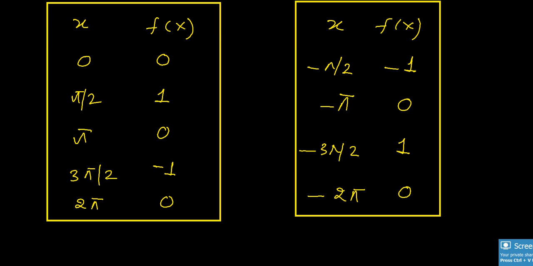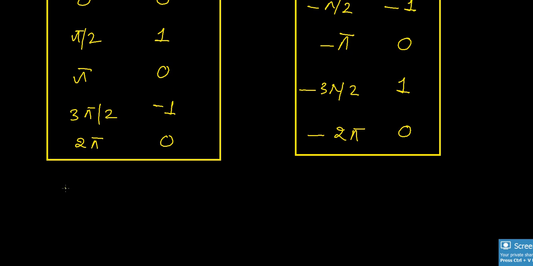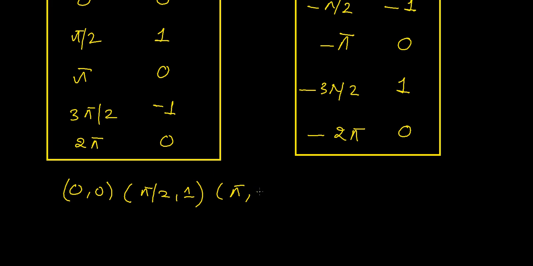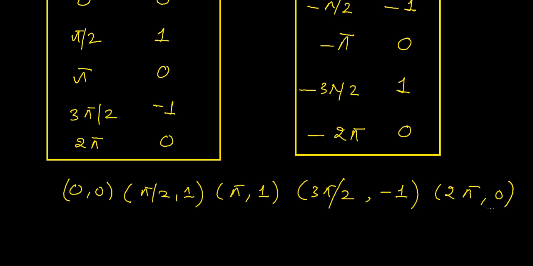Let us make some points. You can put these values on the grid and try to find the graph of sin x. So 3 pi by 2 and -1, 2 pi and 0.